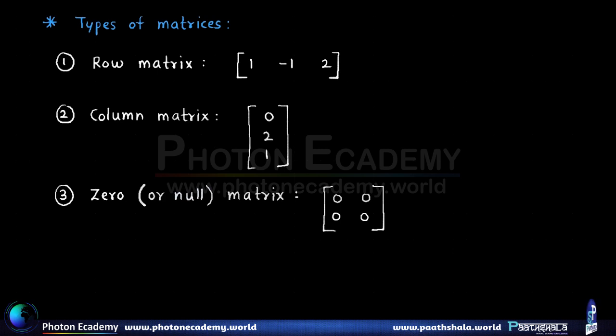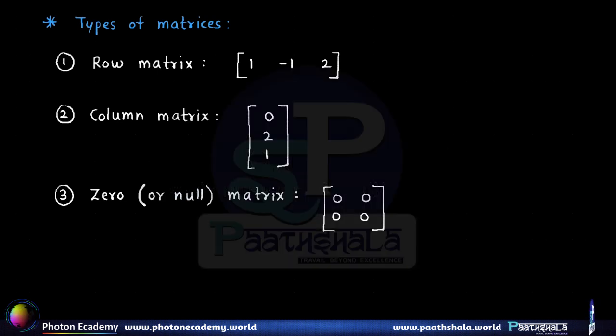The number of rows could be anything. Thirdly, we have a zero matrix, also called a null matrix. Once again, it is self-evident that when all the elements of the matrix are zero, it is called a zero matrix or a null matrix.